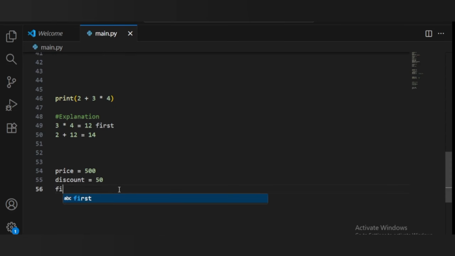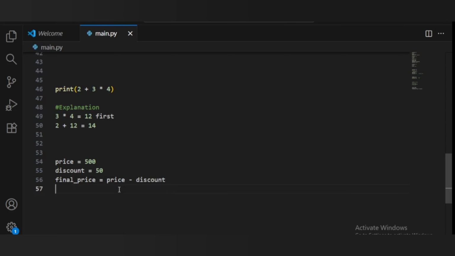Final price is equal to price minus discount, and print final price.